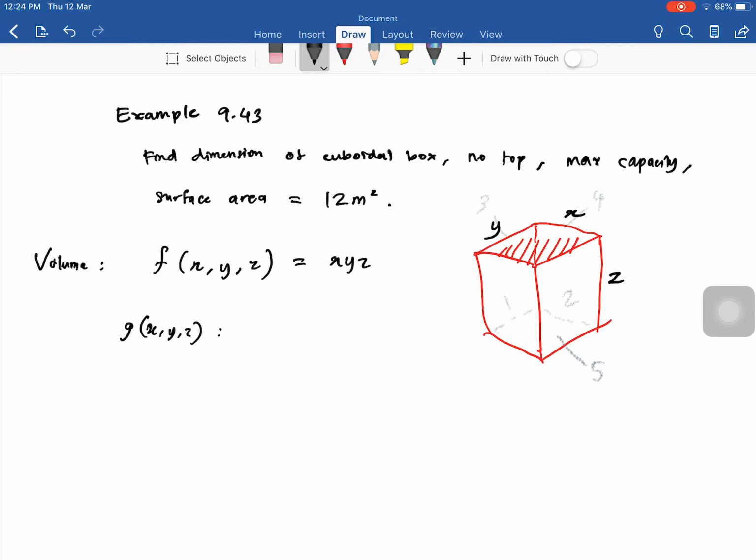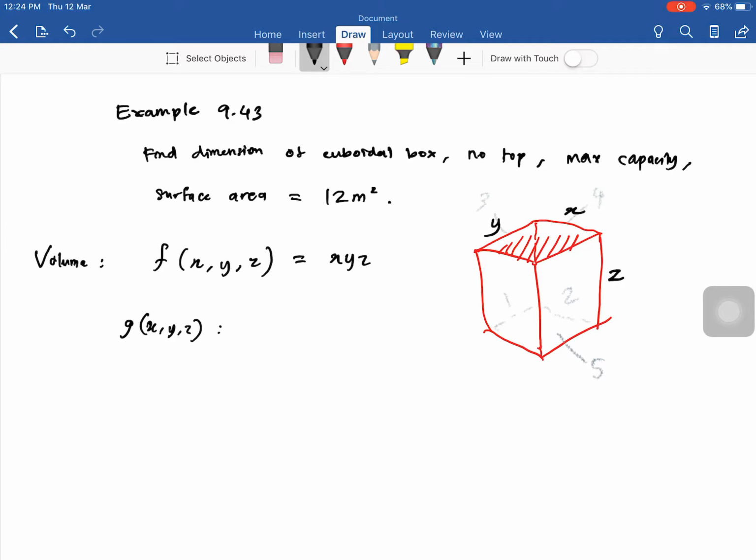But remember that we don't have the top surface, so we need to exclude that. So for surface xy, we only have one, so plus xz.